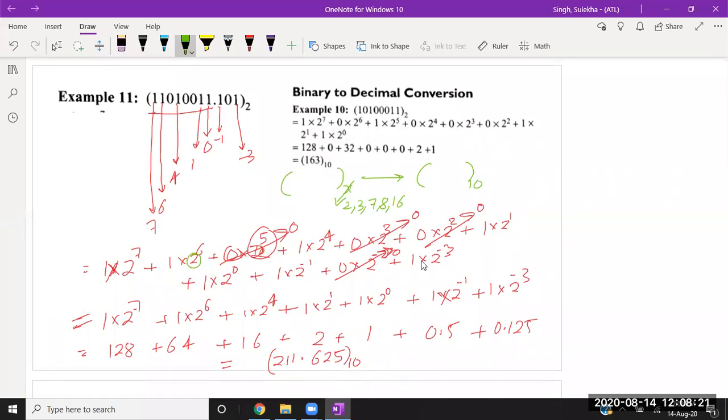Is that clear? If it is clear, write yes in the chat box. Otherwise, you can unmute yourself and ask your doubt. Is that clear?